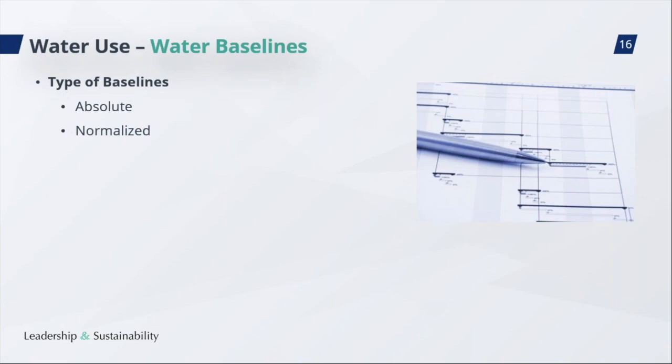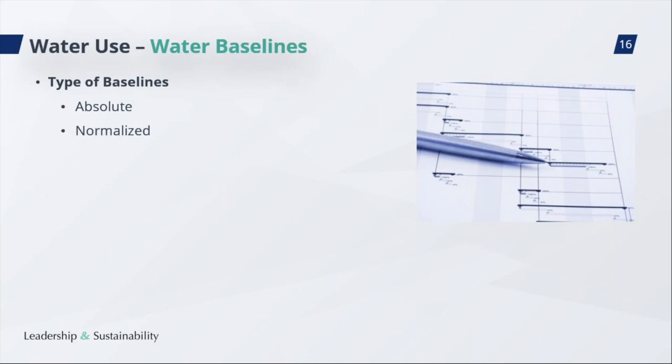So a normalized baseline is more effective to use as a reference if you have manufacturing that increases or decreases year by year. Sometimes you may be utilizing 100% of your manufacturing capacity. Other years you may be utilizing only 80% of your manufacturing capacity. And then obviously you will use less water, but also produce less products. And that's where the normalized baselines then are a help.